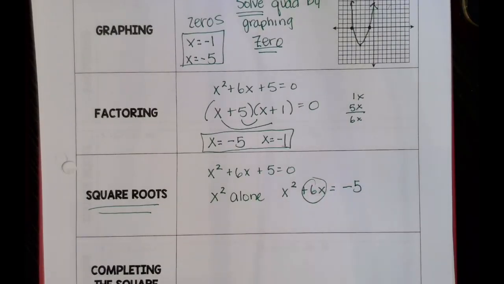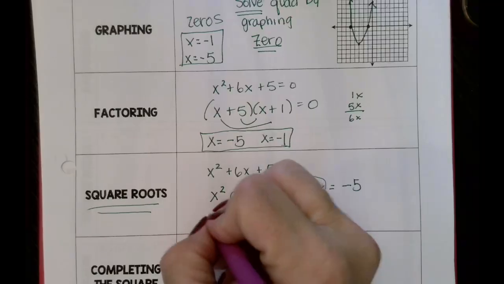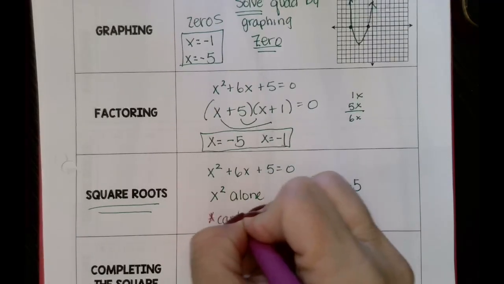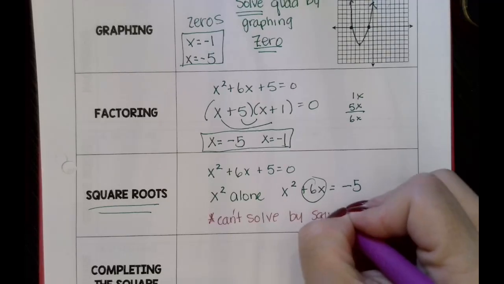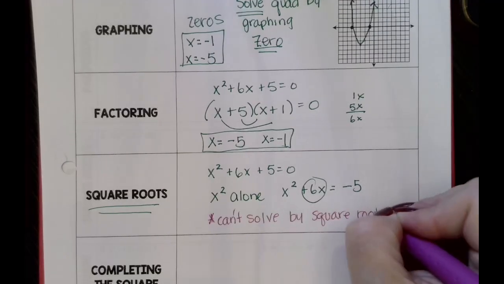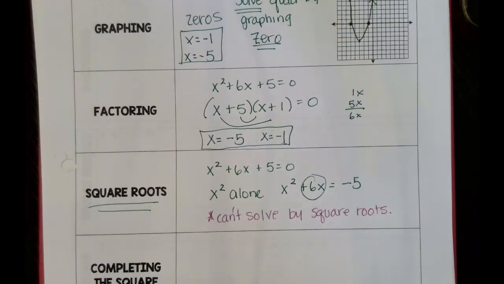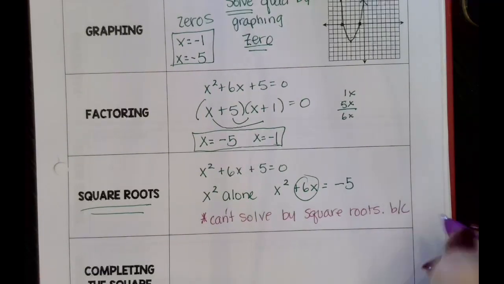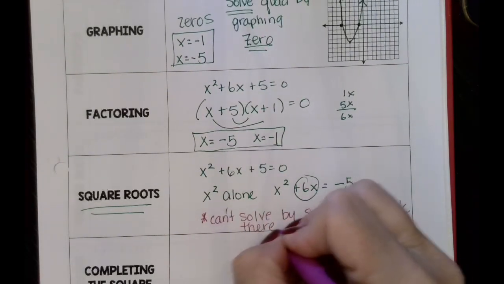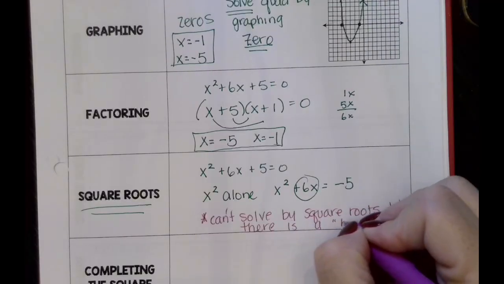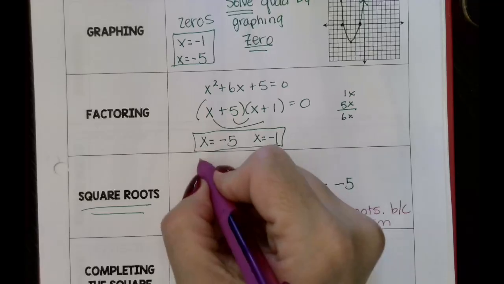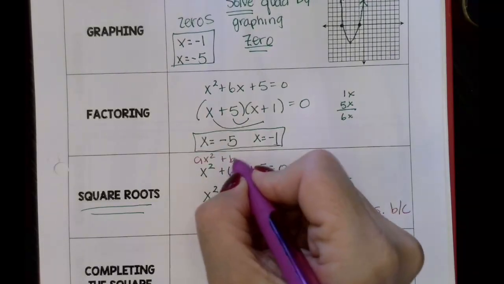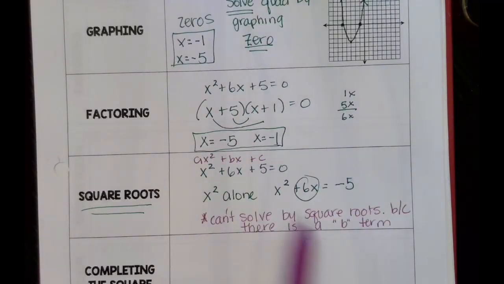This is not alone, so I can't solve by square roots. This happens because there is a b term. Remember, b is the middle term, so this is ax squared plus bx plus c. There's a b term, so I cannot solve that one by square roots.